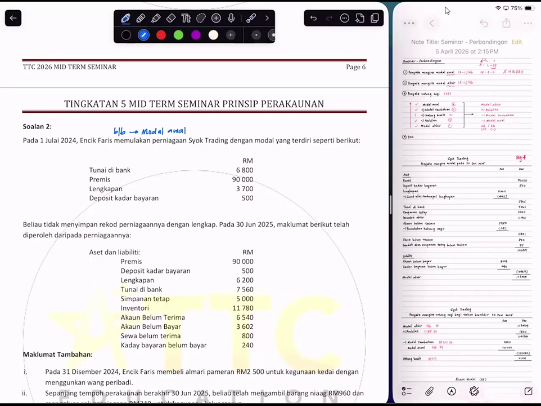Find out the classification first. Tunai di bank, make it simple, just call it bank. Klasifikasi AS. Premis ABS. Kelengkapan ABS. Deposit kadar bayaran. As long as it is a deposit, it is still your own money.